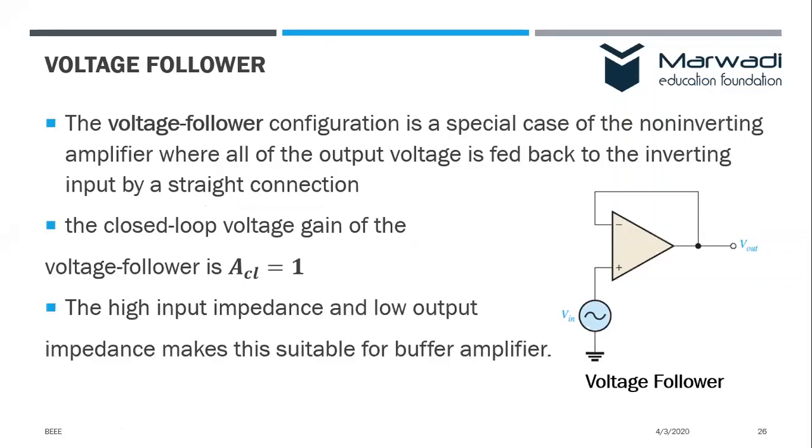So then why do we need it, right? If we know that we are using a linear amplifier and we want to amplify the signal, and we are not amplifying the signal but keeping it as it is, then what is the purpose? The purpose of using a voltage follower is that you are connecting a weak signal to the operational amplifier.